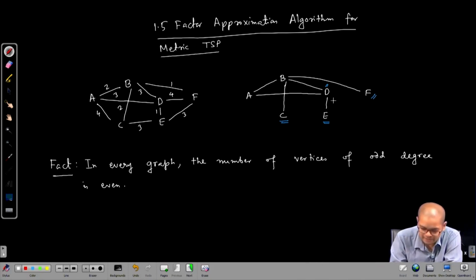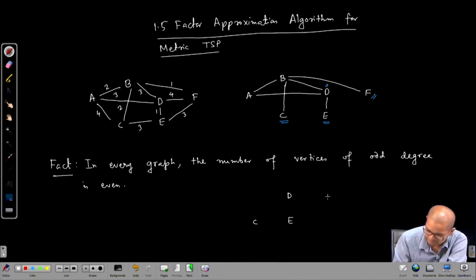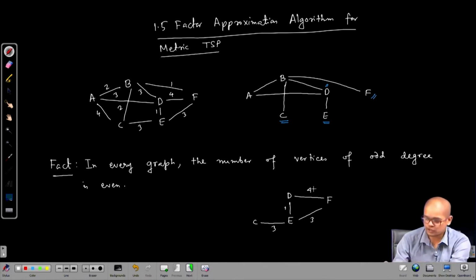Next, what I do is that I look at the induced graph on these 4 vertices. So, here are D, E, C, F. Okay, and these are the edges. So, this weight is 1, this weight is 3, this weight is 3, between this there is a 4, and of course, the missing edges we assume they are edges of weight infinity.